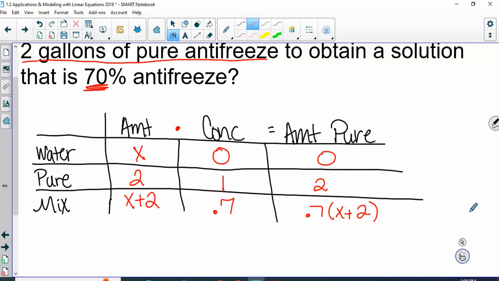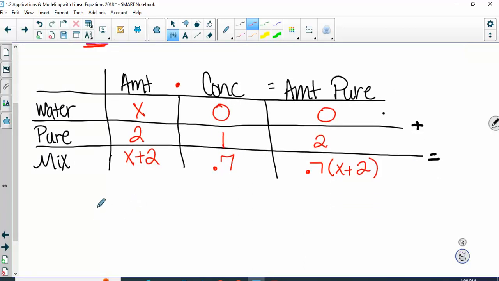We'll have to distribute, and if this is the first and that's the second, we can add those together, and it should equal our total to set up the equation. And the equation would be 0 plus 2 equals 0.7 times X plus 2.